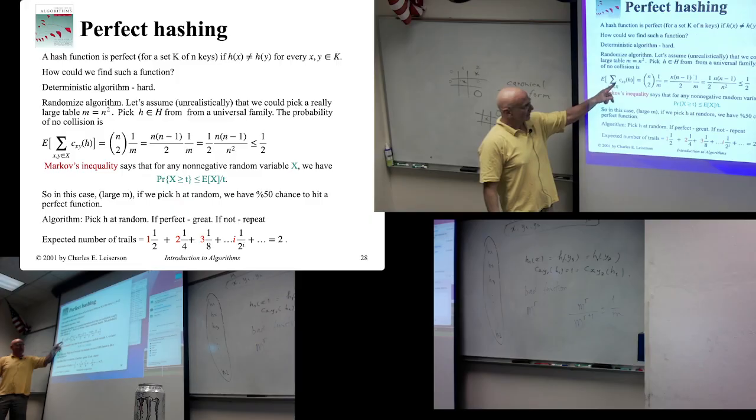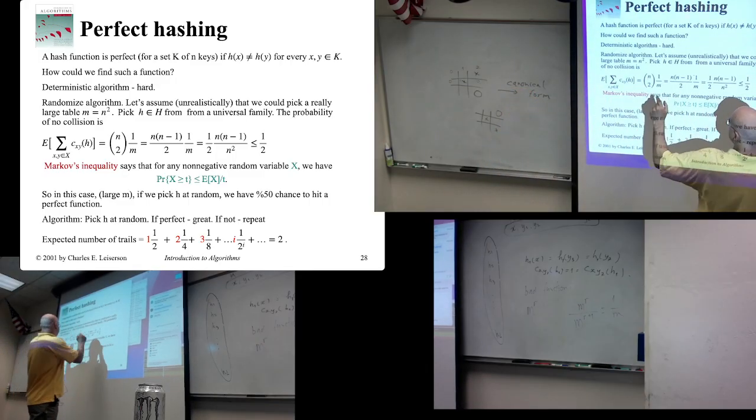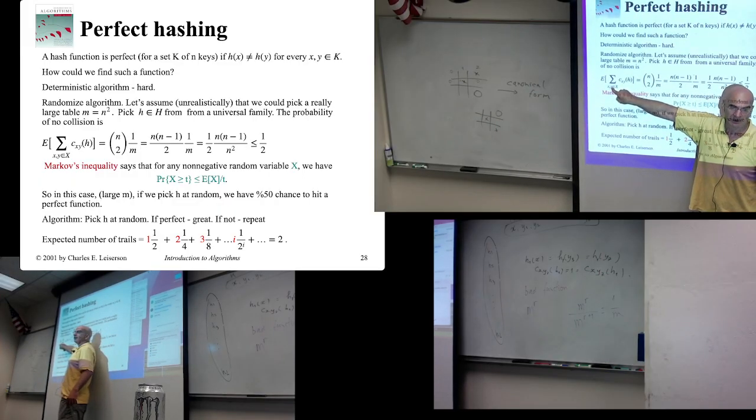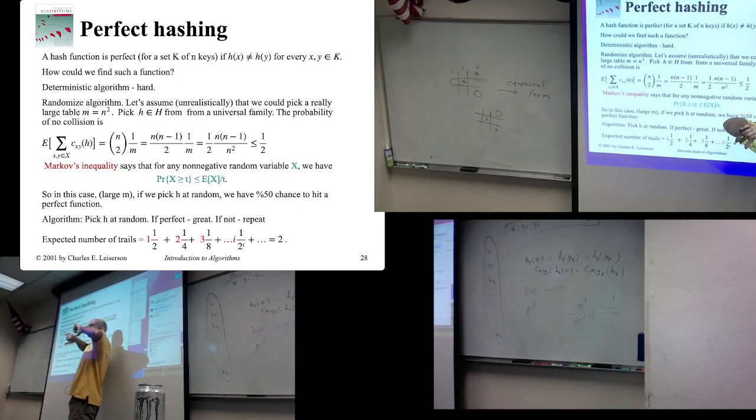The number of collisions now will be the same C of x, y, h that we just saw, and how many pairs of x and y do I have to consider? The sigma here, notice it's not the sigma only of the y, the sigma of all the pairs of x and y. I look at any two keys in the set of keys. Remember, you know what the set of keys is. There are no surprises here.